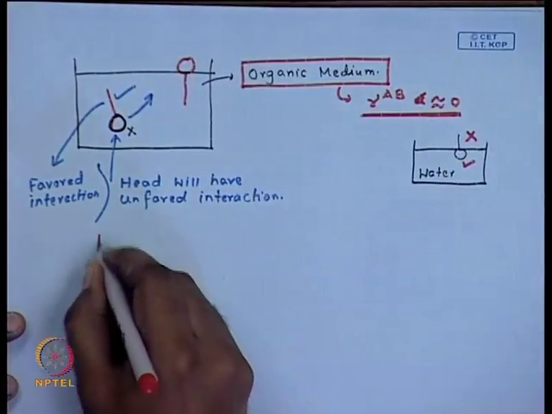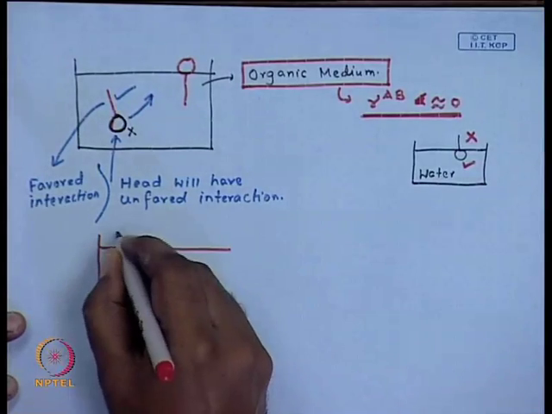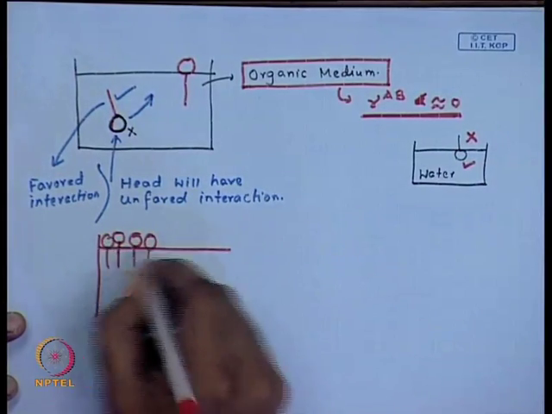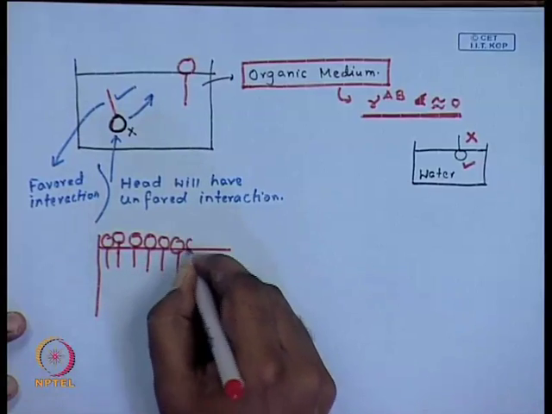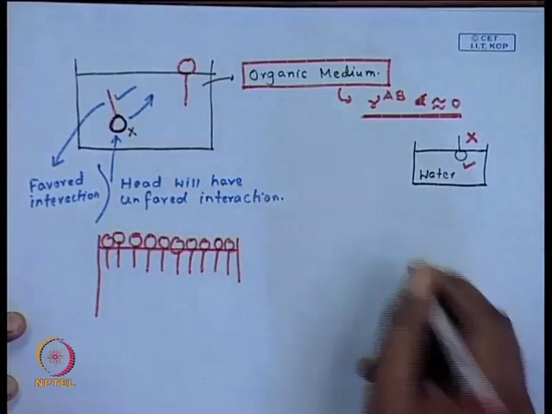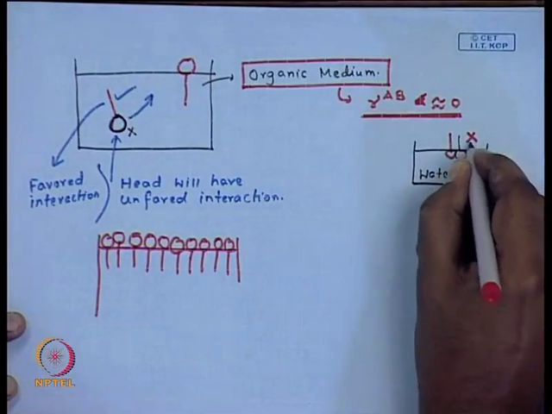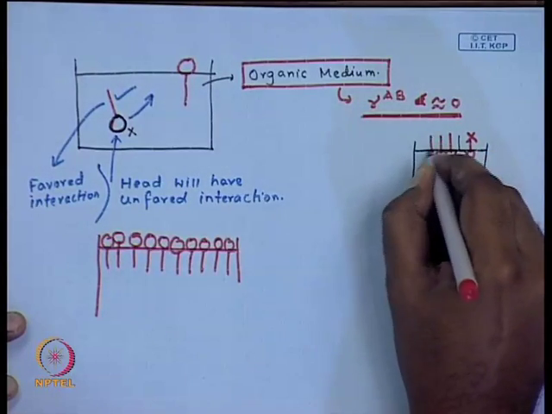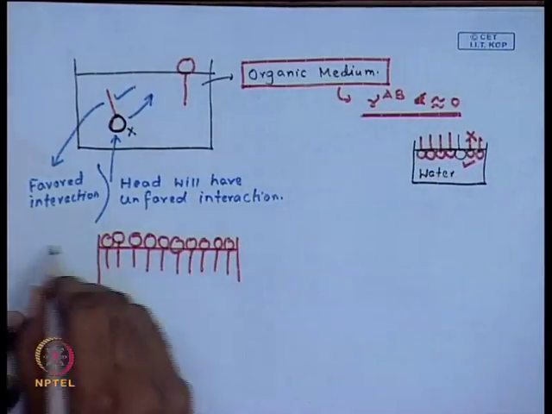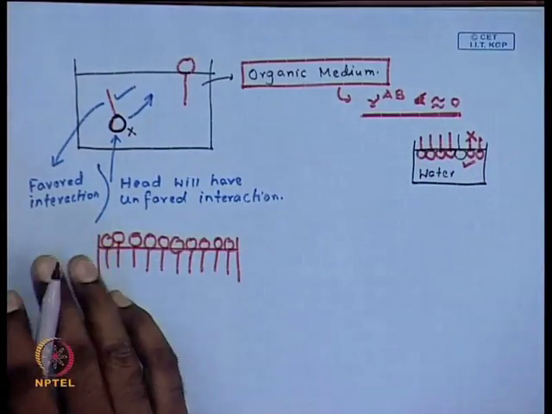Eventually, as you go on adding more and more surfactant molecules, your interface again gets cramped up, fully filled up, but in contrast with the configuration where the tail was dangling out, here the head group prefers to stay away from the liquid medium.